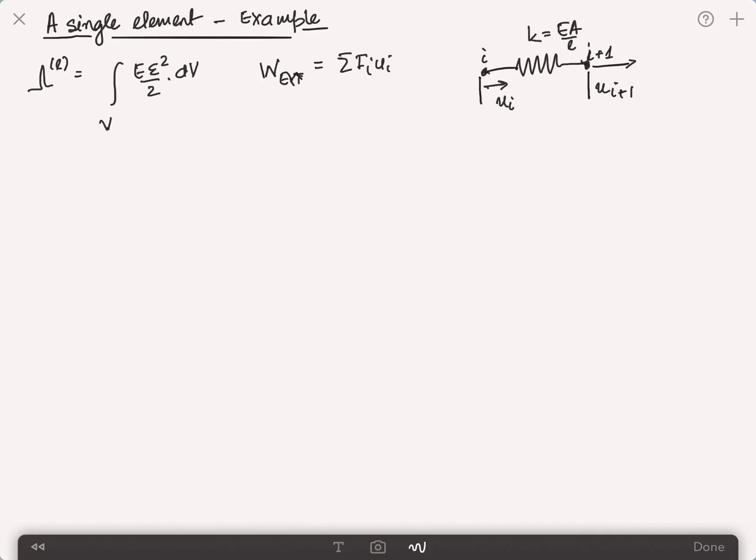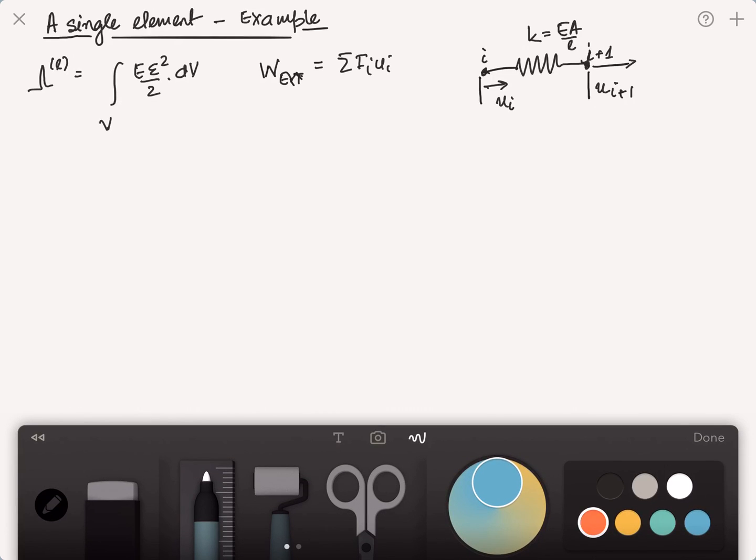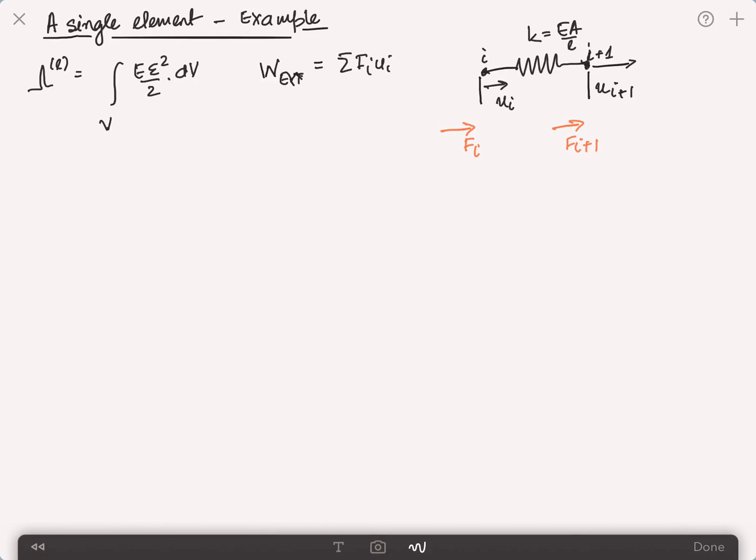If you consider that this element is a part of a system at which there is a load acting on a certain edge, and it has only 1 degree of freedom, then if you make the free body diagram, there is a force Fi acting here and a force Fi plus 1 acting here, just for equilibrium purposes. So the external work done can be quite easily written as Fi ui plus Fi plus 1 ui plus 1. Nothing complicated there. I'm just writing it out and getting it out of the way.